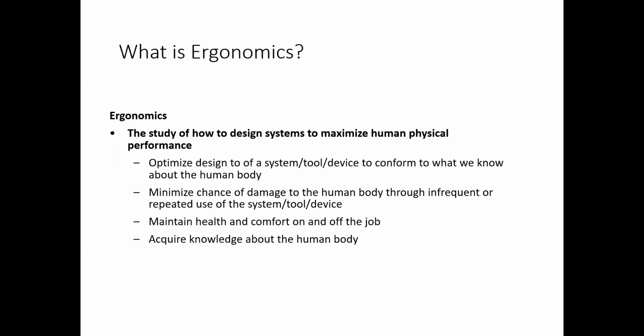Comfort and long-term health is a priority and a goal, and so is acquiring knowledge about the human body. In general, we are pretty good with information in ergonomics, but as work changes and different systems come about, there are always new motions and new physical tasks that people have to undergo. So our application space changes.